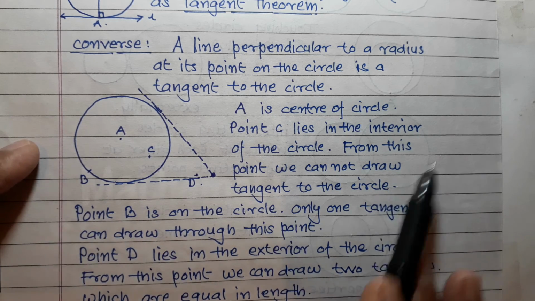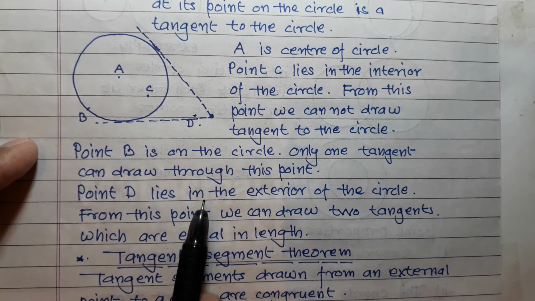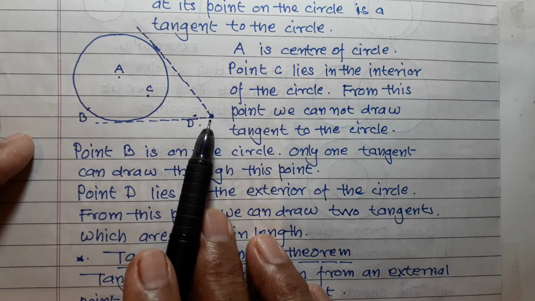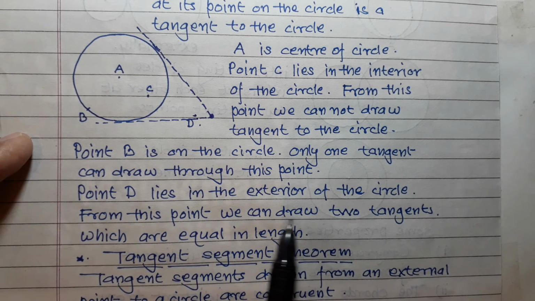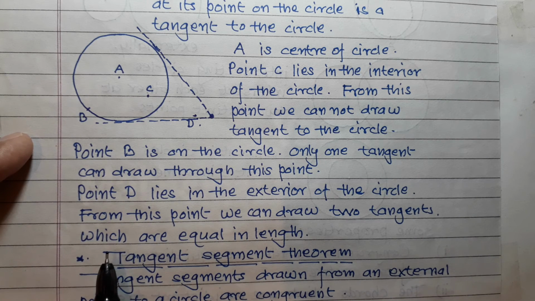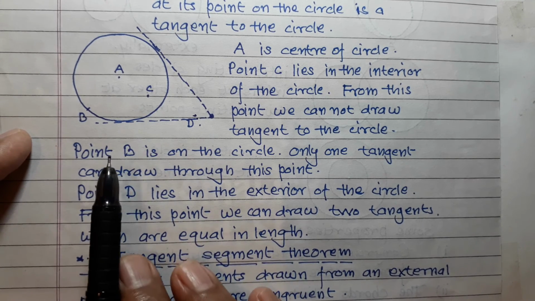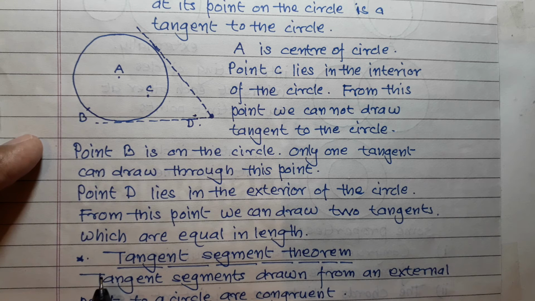Okay. Then point D. Point D lies in the exterior of the circle. This point is outside the circle, and from this point we can draw two tangents to the circle, and these two tangents are equal. So this is a theorem, the tangent secant theorem.